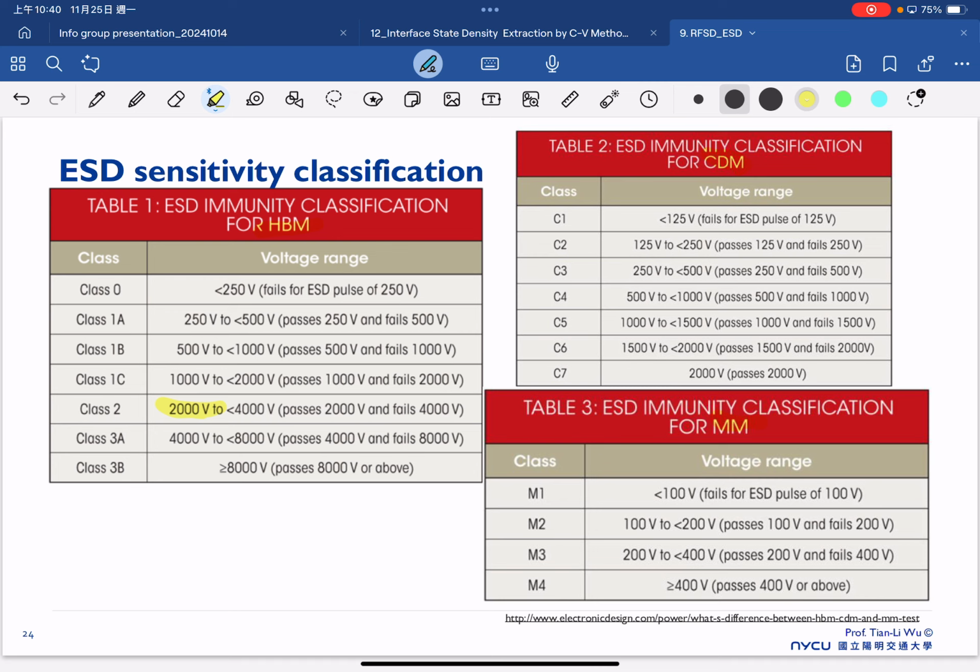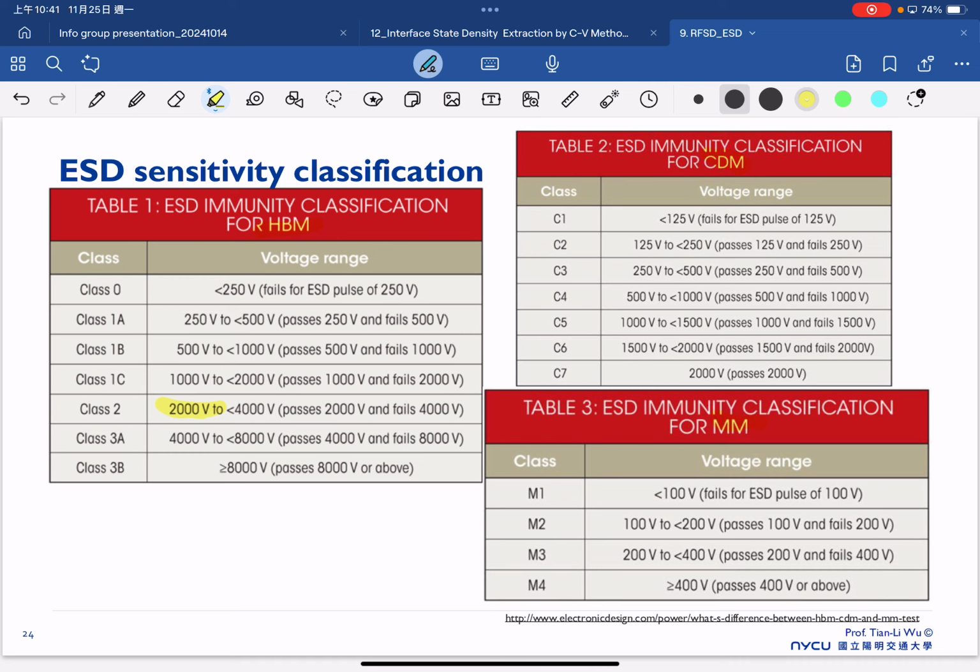So I think 2000 volt is a pretty basic standard for the product. That's also a requirement that your product needs to meet to qualify in the HBM. That's called class 2 level.